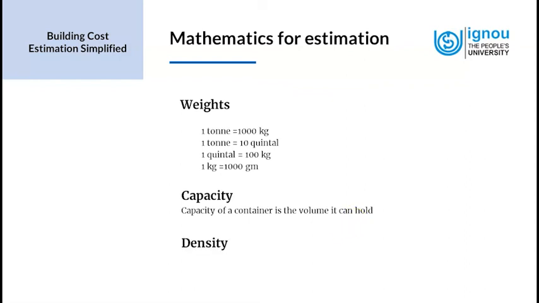Now density is an important concept that we need to be aware of. It is the mass of any material per unit volume. Weight is when we apply the acceleration due to gravity. Water at 1 meter cube volume weighs 1000 kilogram, which means the density of water is 1000 kilogram per meter cube.